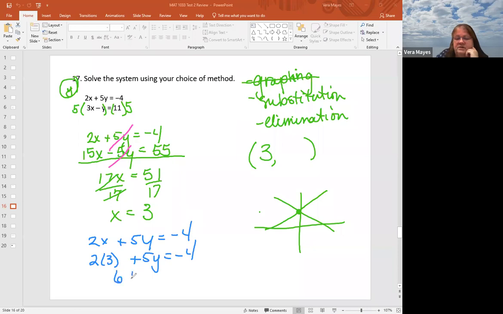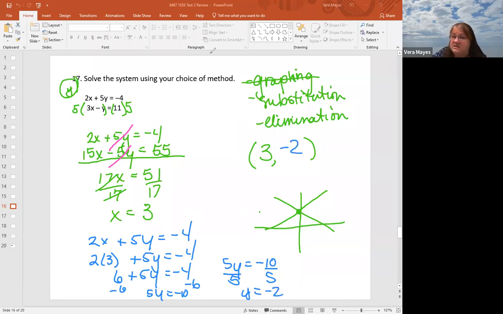So we get 6 plus 5y equals -4. Bring the 6 over. 5y equals -10. Ran out of room. So divide both sides by 5, and I get y equals -2. Now, because this is a test and worth lots of points, I'm going to go to my second equation and plug both of these in just to check.